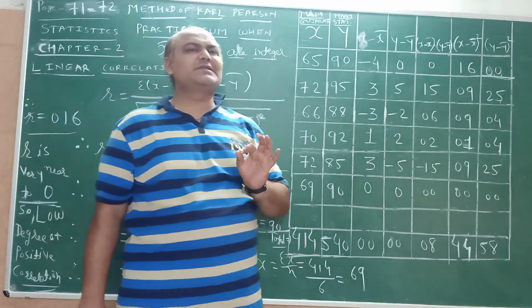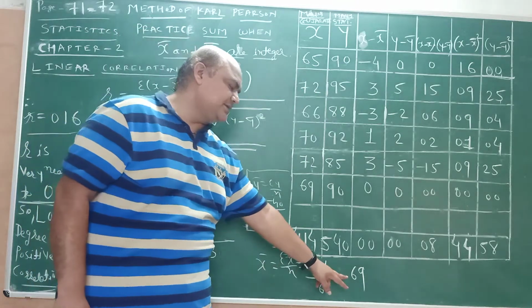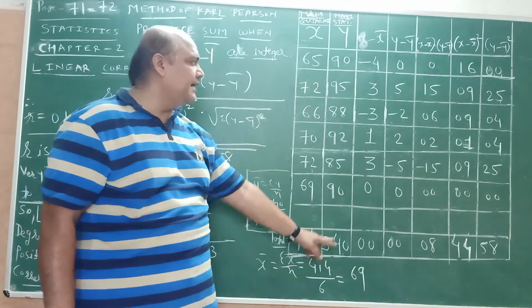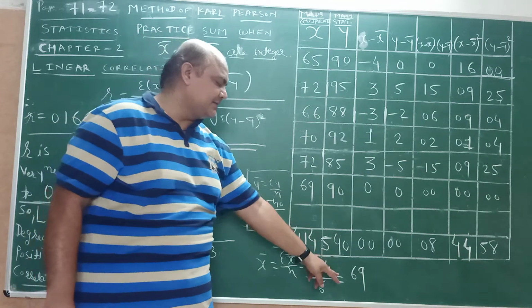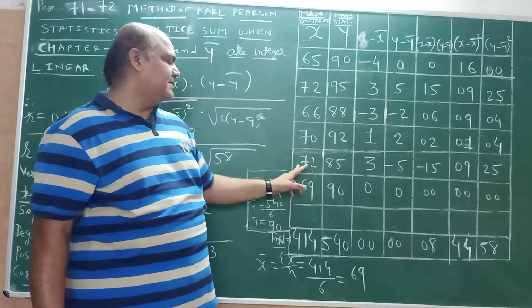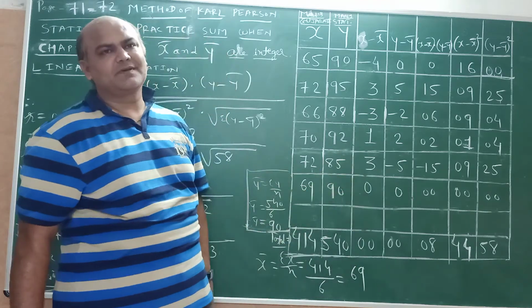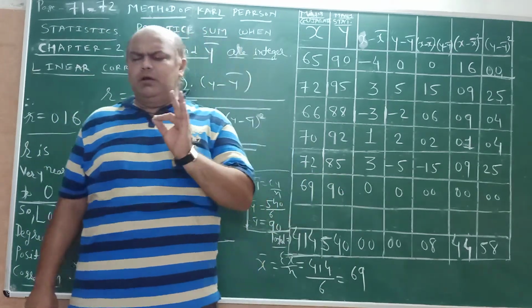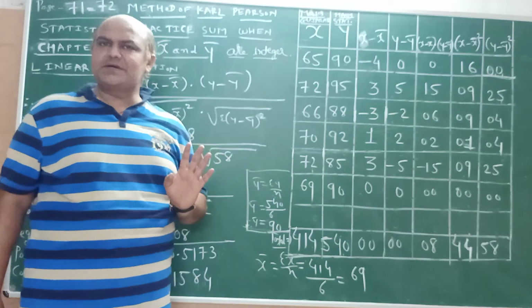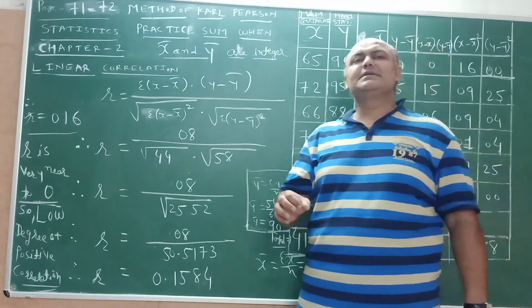So here 65 minus 69 gives minus 4, 72 minus 69 is 3, 66 minus 69 is minus 3, 70 minus 69 is 1, 72 minus 69 is 3, 69 minus 69 is 0. The total of x minus x bar and y minus y bar is always 0, as we studied in standard 11: the deviations taken from the mean are always 0.